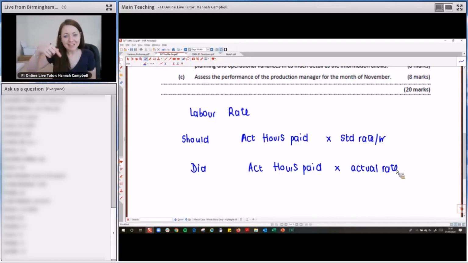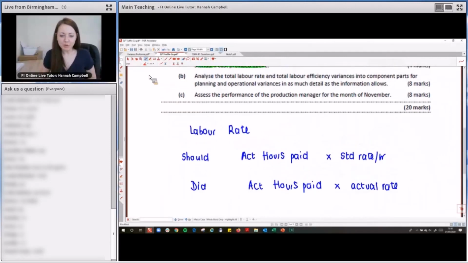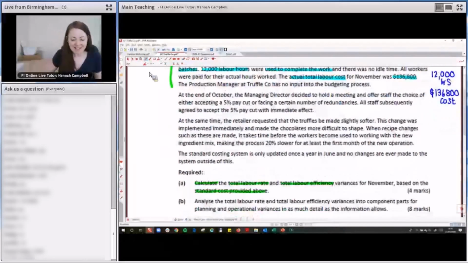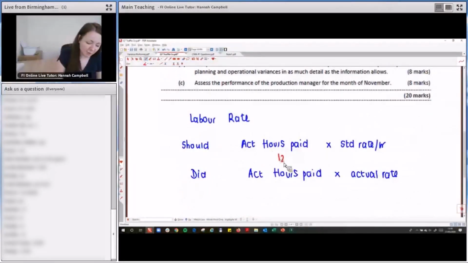So in the chat box, how many hours were actually paid for our staff? How many was our total actual hours? 12,000. Excellent, Sinead. Okay, so 12,000 hours.